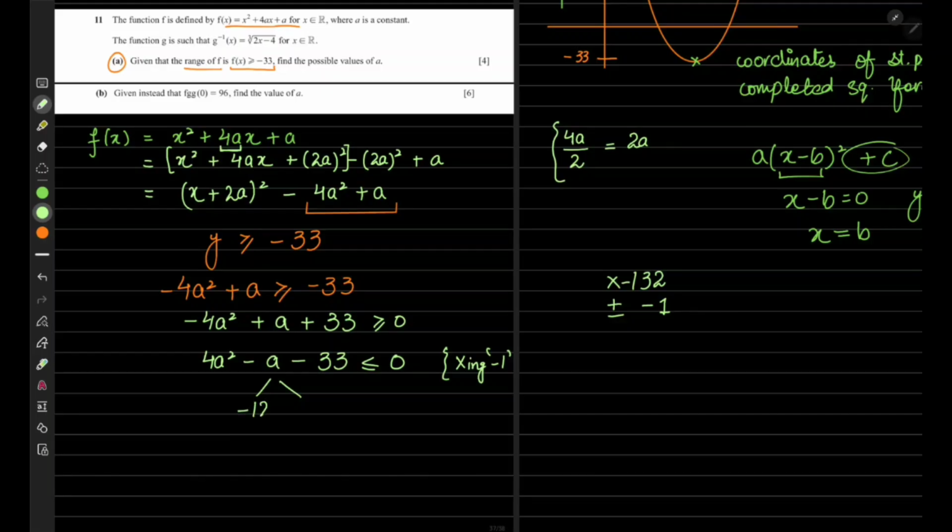So 4a squared minus 12a plus 11a minus 33 is less than or equal to 0. When we multiply any inequality by a negative number, the inequality reverses its direction. The greater than becomes less than, and less than becomes greater than. Now the next step will be factorizing it properly.